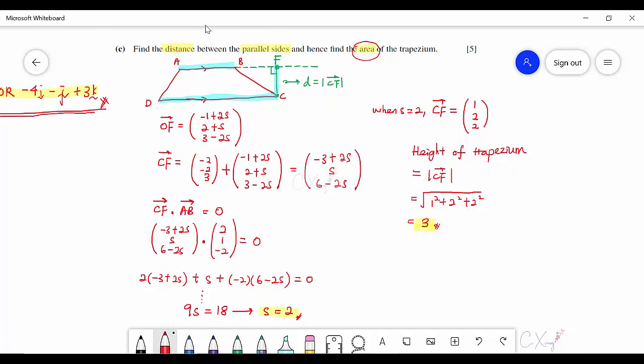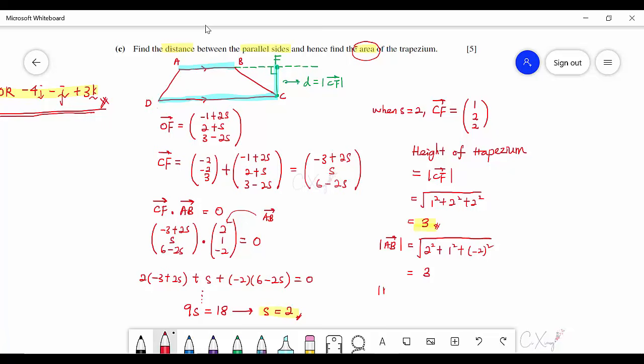Now we proceed with the length of AB. You already got it just now from the first part, which is 2, 1, and negative 2. When you write it out, it should be 2 squared plus 1 squared plus negative 2 squared. The value is also 3.